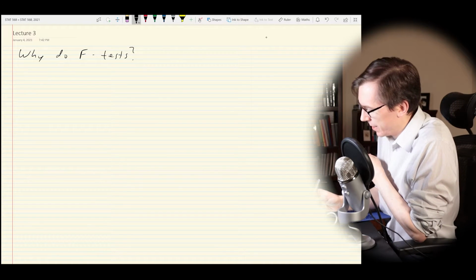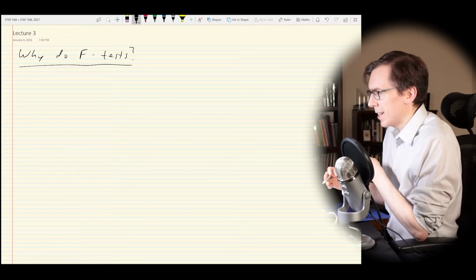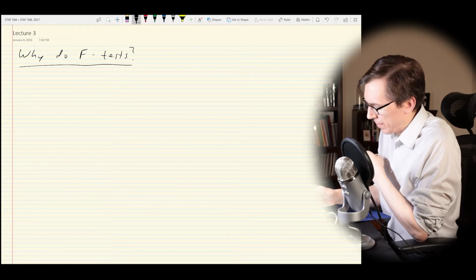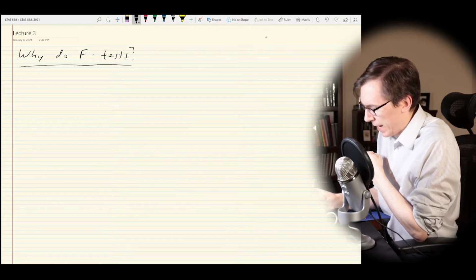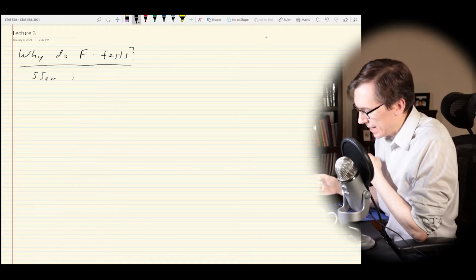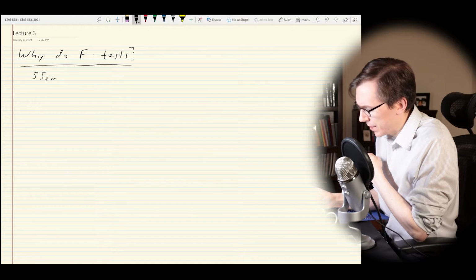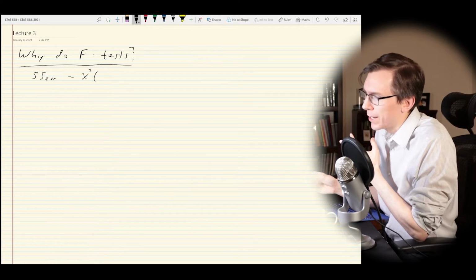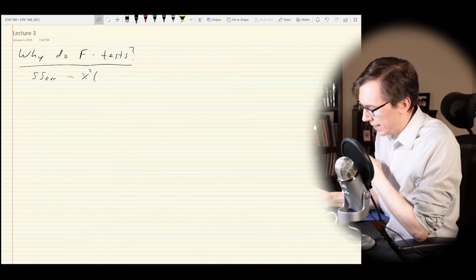Well, the reason is we talked a little bit about this before, that the error sum of squares has a chi-squared distribution with, in our one-way ANOVA setting, n minus k degrees of freedom.